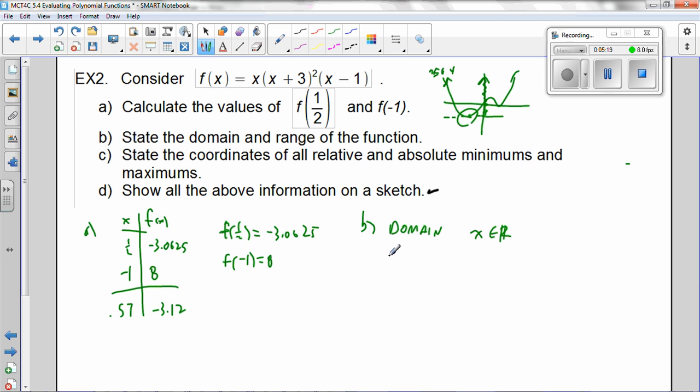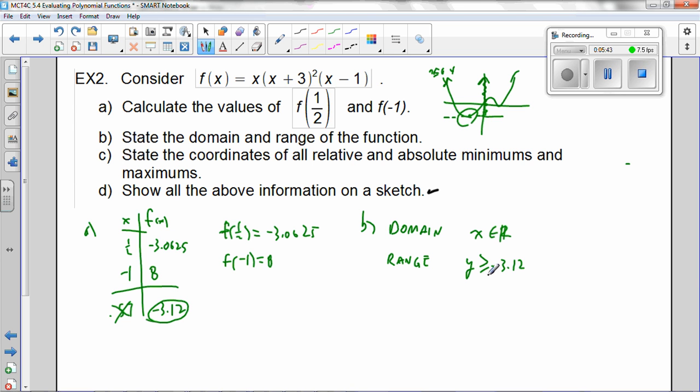And so the range is anything that's above that, right? Because it started high and ends high, opens up like a parabola with a positive leading coefficient. So the range is, well, the x values I don't care about. That's the absolute minimum, isn't it? So y has got to be greater than or equal to negative 3.12, about, right?